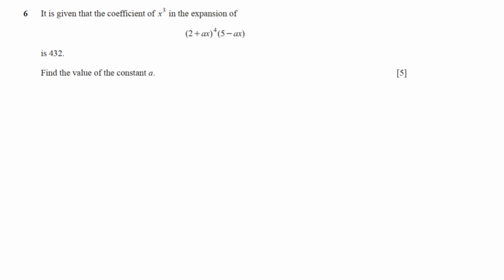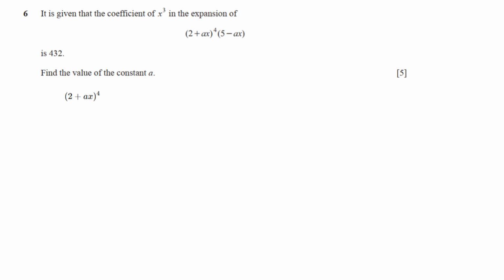Next is a binomial question. We are given that the coefficient of x cube in 2 plus ax the whole power 4 times 5 minus ax is 432. The first step is to expand 2 plus ax the whole power 4 up to x cube terms.